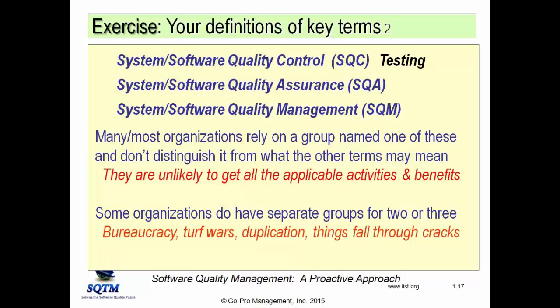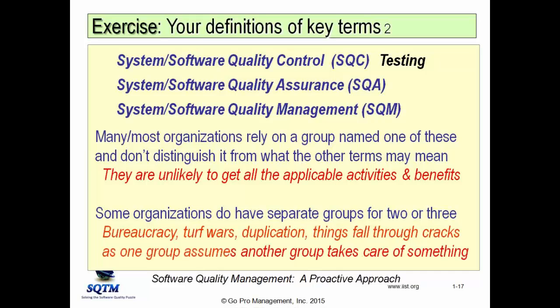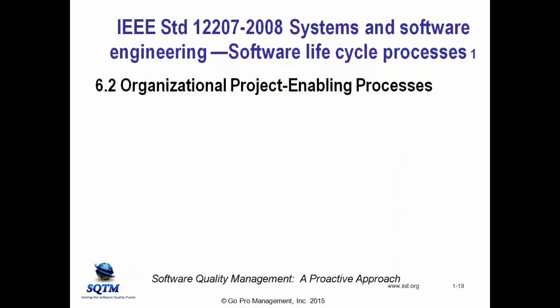It's real easy to get into turf wars and bureaucracy. Some things get duplicated and other things tend to fall through the cracks. Okay? And that's no big surprise, because what happens? Each group assumes that something is being done by another group, and in fact, oftentimes, that's not the case.